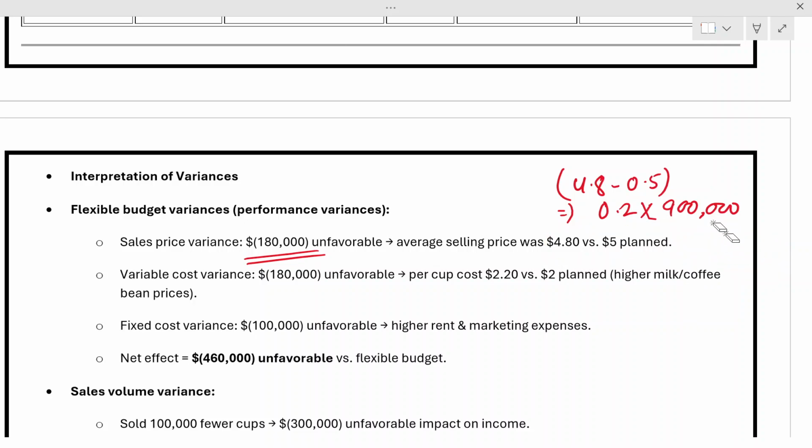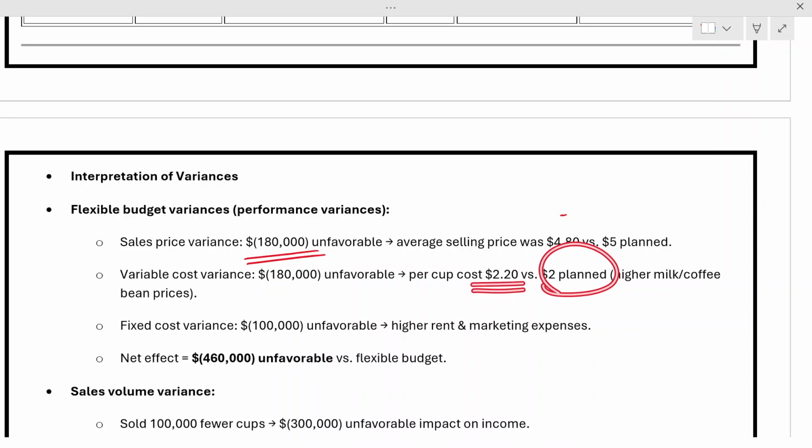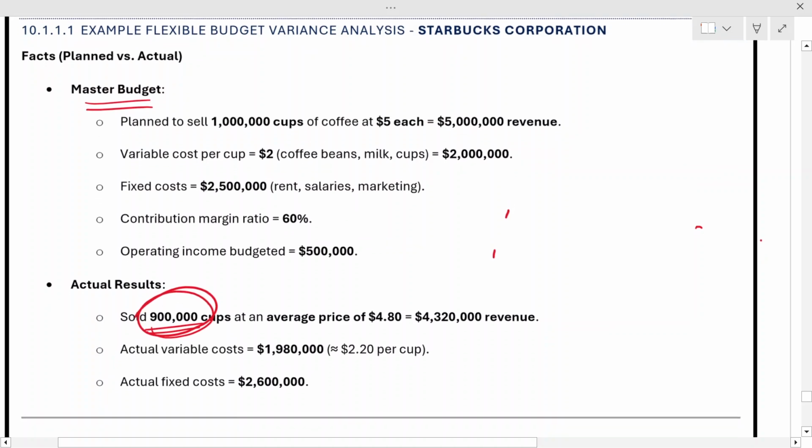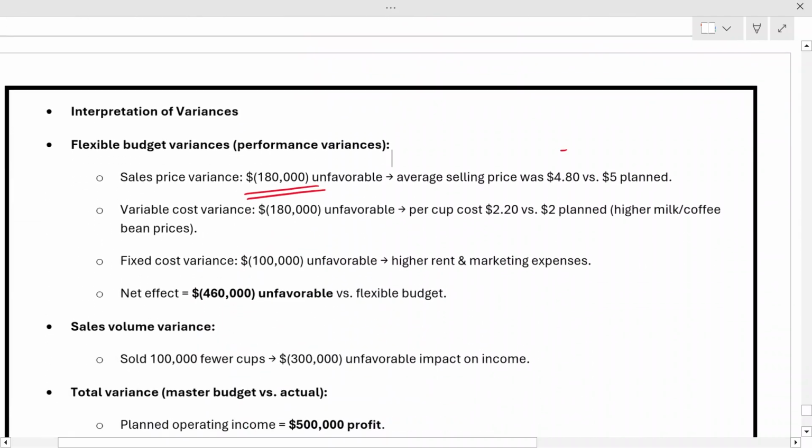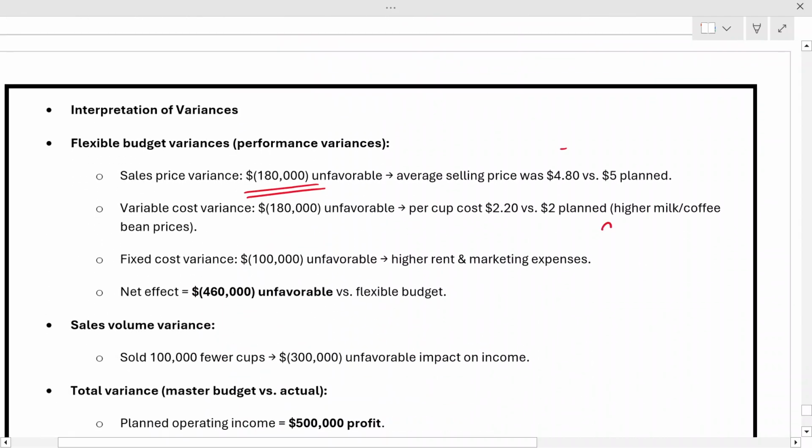Similarly, if we see our variable cost impact, we planned that variable cost should be $2, but in actual it was $2.2.